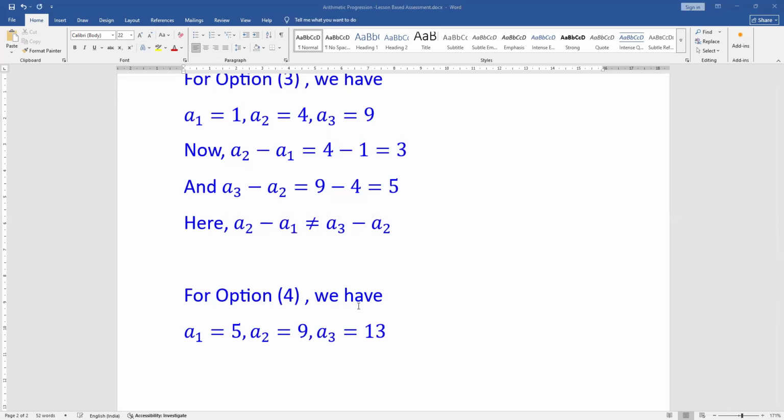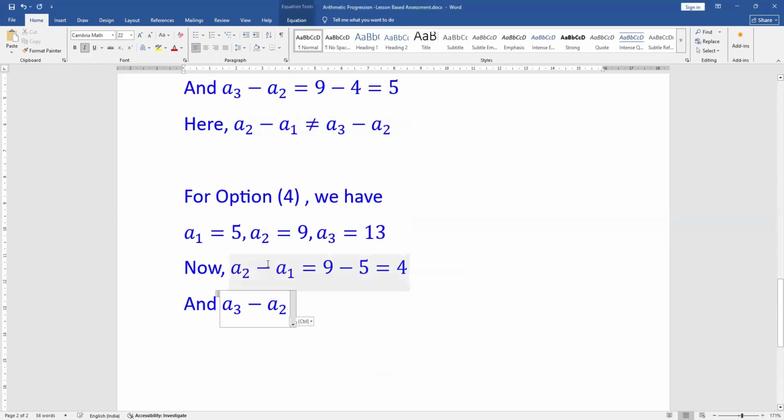So now A2 minus A1 is equal to 9 minus 5, which is equal to 4. And then we have A3 minus A2, which is nothing but 13 minus 9, equal to 4.